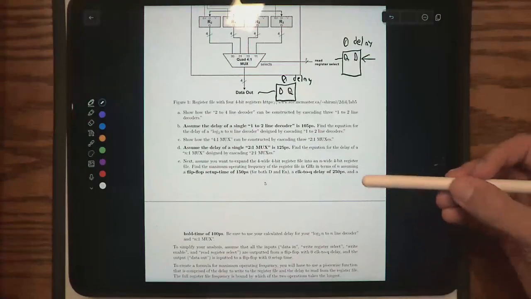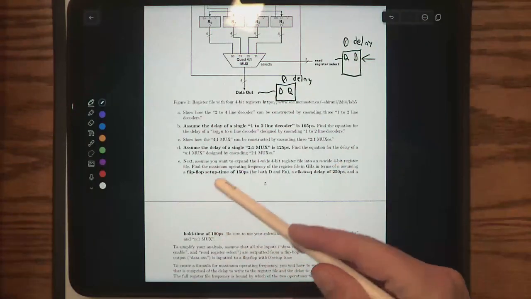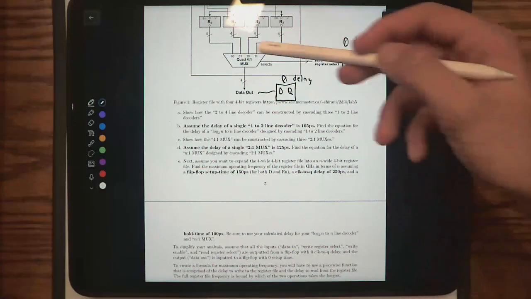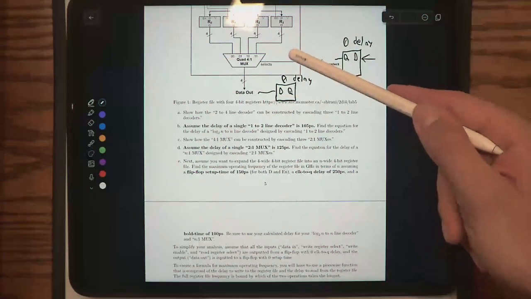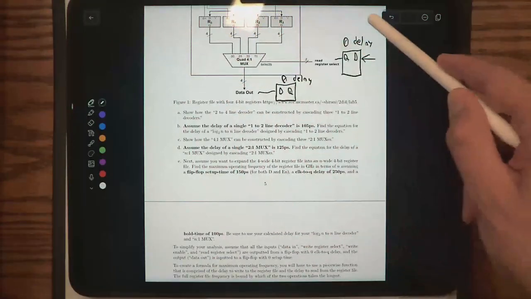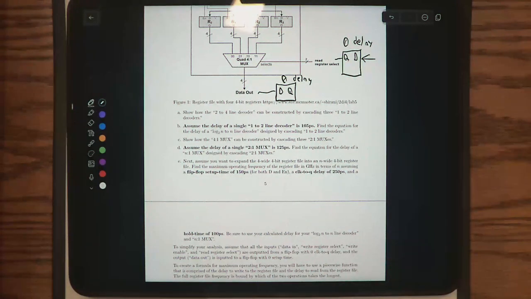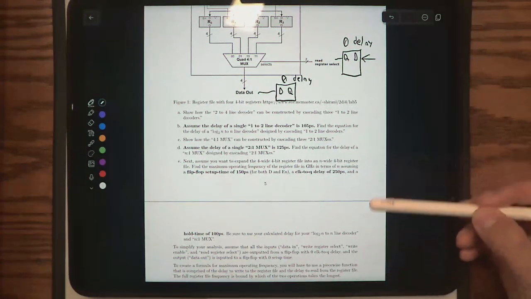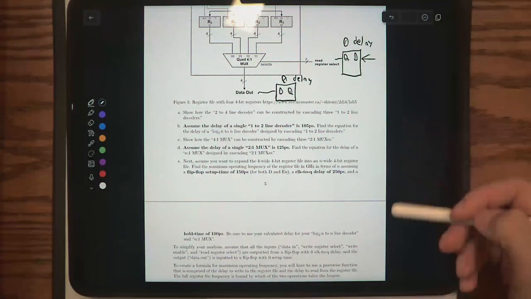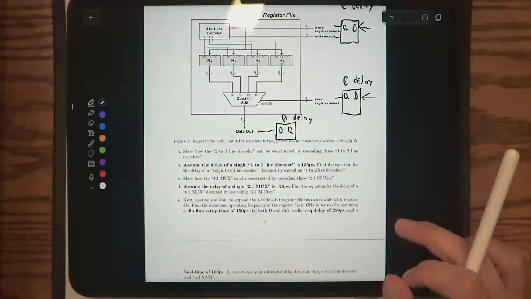Question E on this is telling you to find a piecewise equation for the clock frequency or clock period, given that the number of registers is some parameter that you can change. So if you have a register file with 64 elements, then what will be the clock period on that? Or if it now has 512 elements, then what is the clock period? Also, I believe it says that it stores words. What is a word?